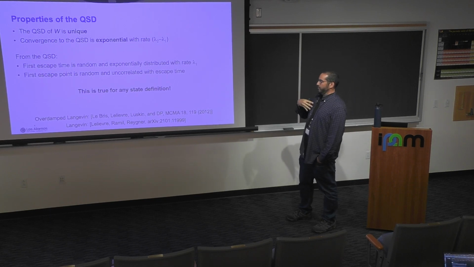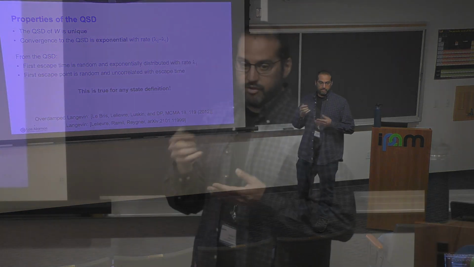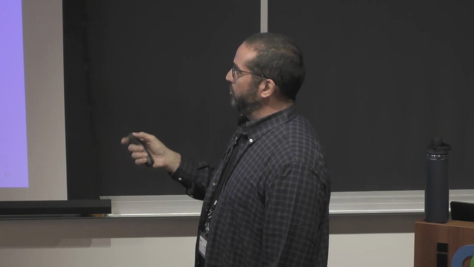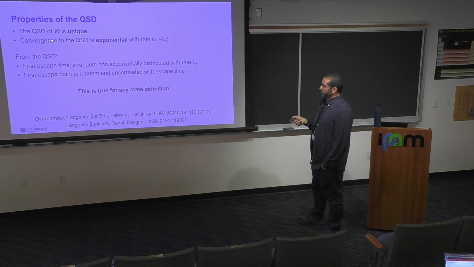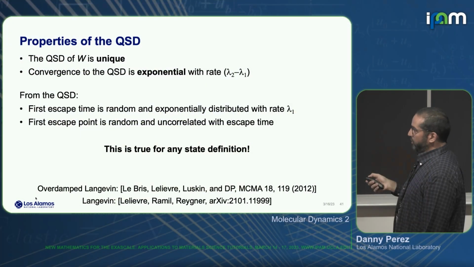You might need to vibrationally relax inside of your state, or maybe there are some tiny barriers inside of the state that you have to overcome. So this tells you how quickly you would overcome these internal relaxation processes. Okay, so no matter where you start, you get there, and you get there pretty fast, which is good. And once you're there, and this is where the money is, there are two properties that you can formally show.